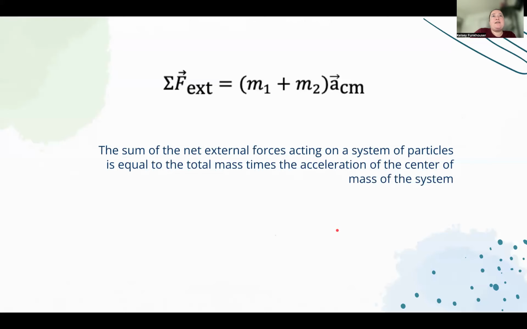So the sum of the net external forces acting on a system of particles is equal to the total mass times the acceleration of the center of mass of the system. When there are no net external forces, the center of mass of the system is not accelerating. But when there are external forces, the acceleration can be described by this relationship.